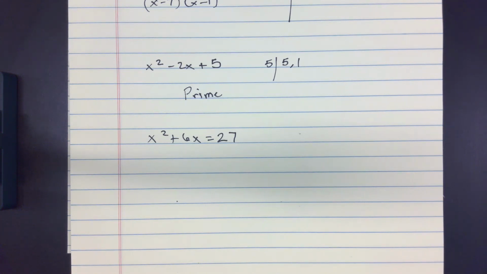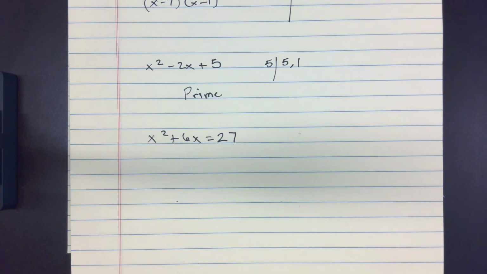Okay, so first thing is, we have to get it in the form ax squared plus bx plus c equals 0. Okay, Andy, what do we have to get the polynomial set equal to in order to solve it? You have to set a polynomial equal to 0 in order to solve it.